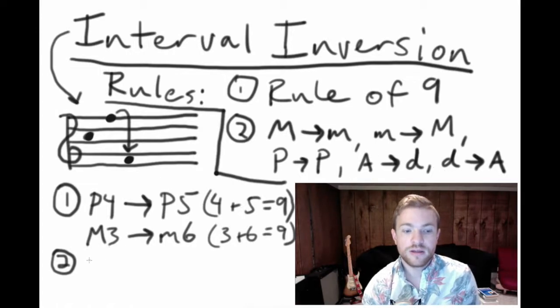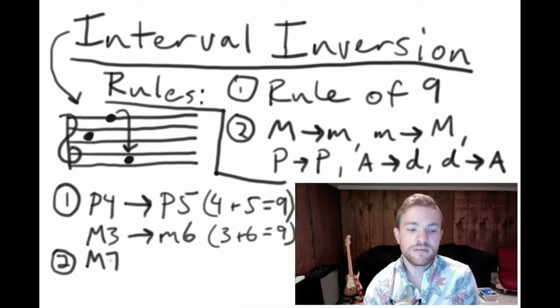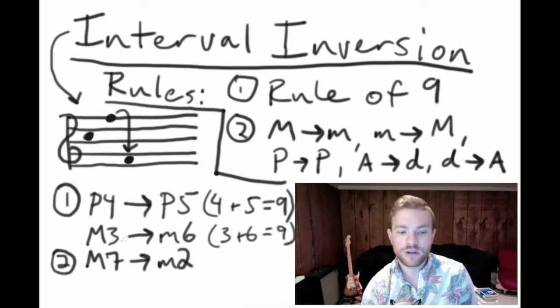So, for example, a major seventh inverted would become a minor second. There's our rule of 9: 7 plus 2 is 9. And there's our major to minor rule, right? Major intervals become minor when they are inverted, okay?